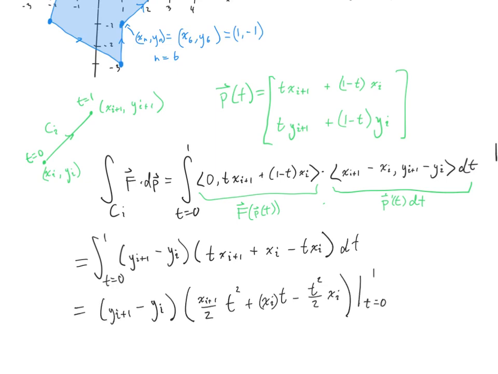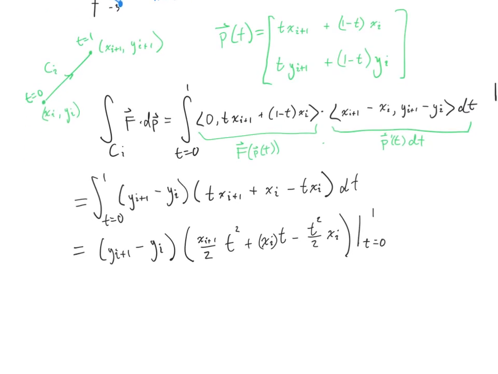At 0, you're going to get a whole bunch of zeros, but at 1, you get this nice expression: yi plus 1 minus yi times xi minus xi, so those cancel, xi plus 1 times a half.